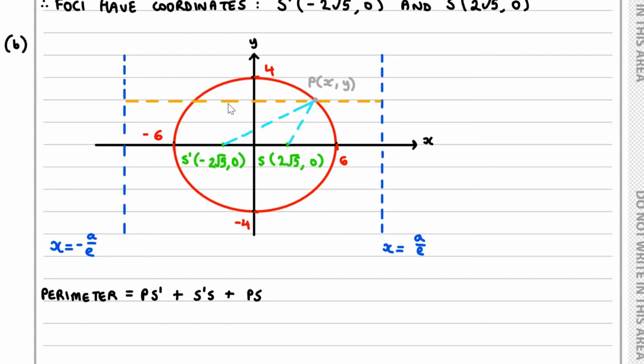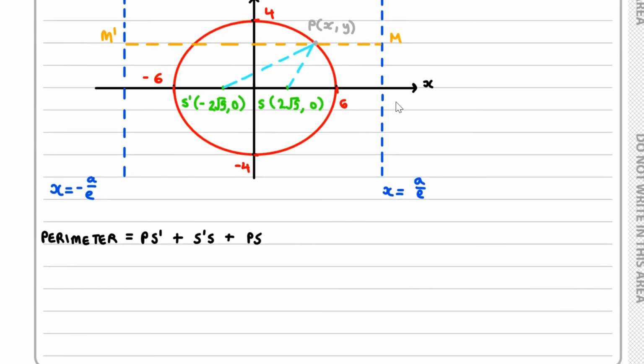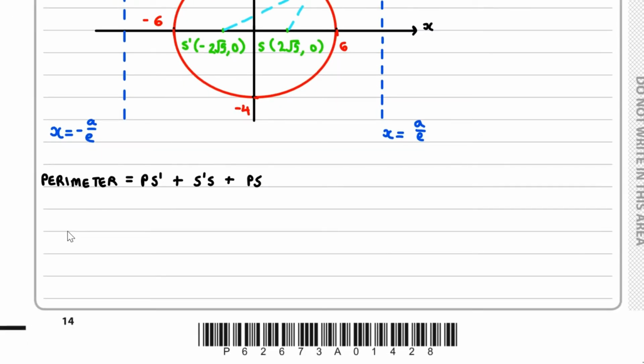And the reason I mentioned the distance from the point P to the directrices, well, what we know already, if we call this point here M dash, and if we call this point M, then what we know already is that PS over PM is equal to e, and also PS dash over PM dash is also equal to e.